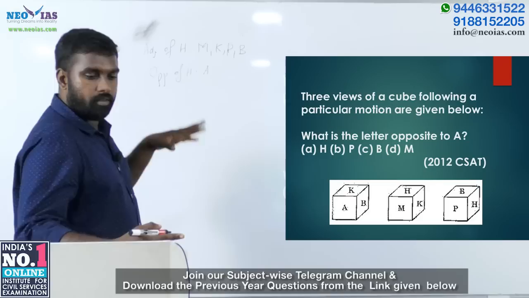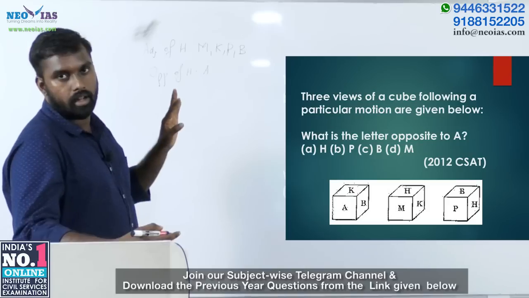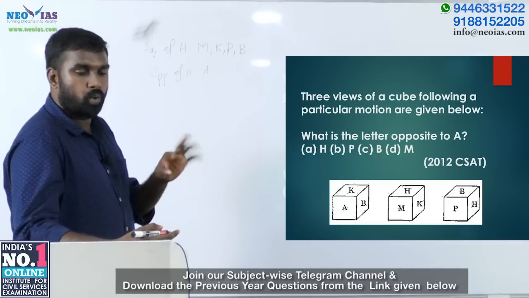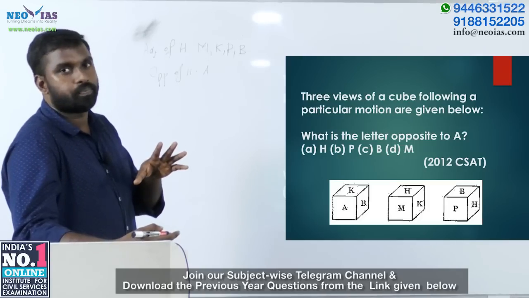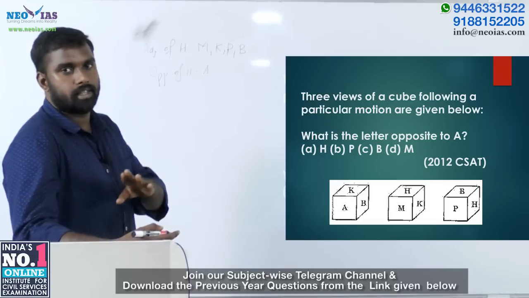Either check the adjacent faces from the letters inscribed, or check if there are any two diagrams such that one is a 180 degree rotation of the other. In that case also you will get the adjacent and opposite sides.